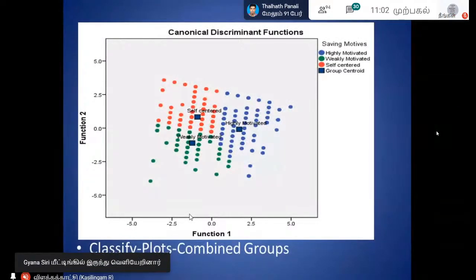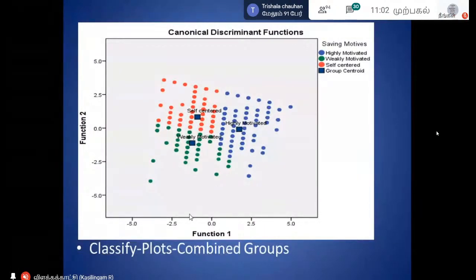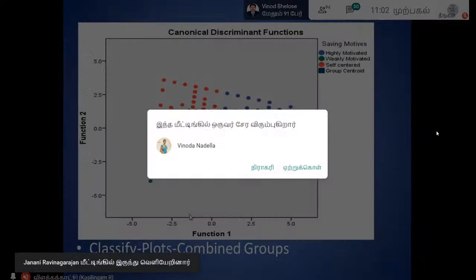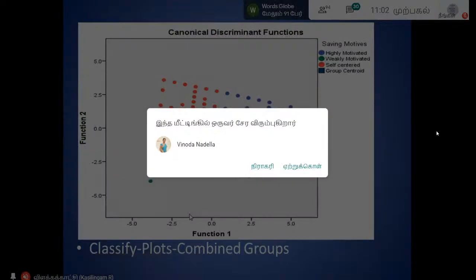Which means function 2 discriminates weakly motivated people and self-centered people. Very good. Now please write it down in your mind. Function 1 discriminates weakly and highly. Function 2 discriminates weakly and self-centered.